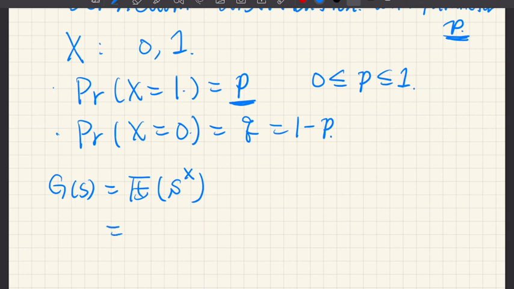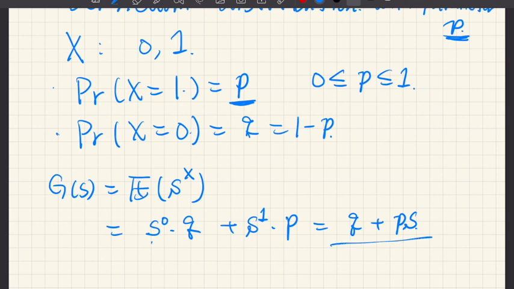So when x is 0, s to the power of 0, and the probability is q. When x is 1, the probability is p. But s to the power of 0 is 1, so we have q plus ps. So this is the probability generating function of a Bernoulli random variable.